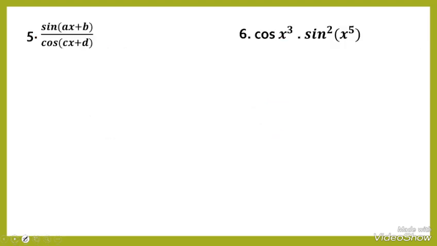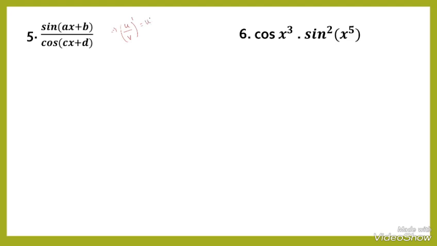Okay. Now, differentiation. Here we have to use the quotient rule, that is u by v. Here u is the function. The formula is u by v dash. What is the formula?